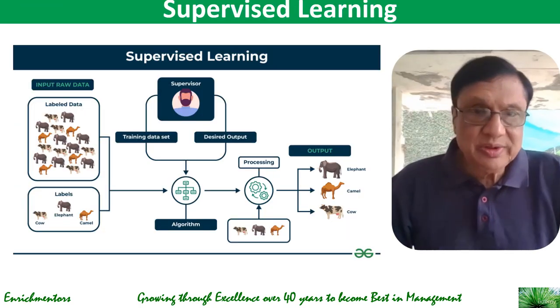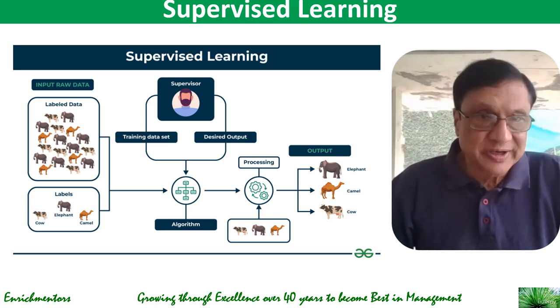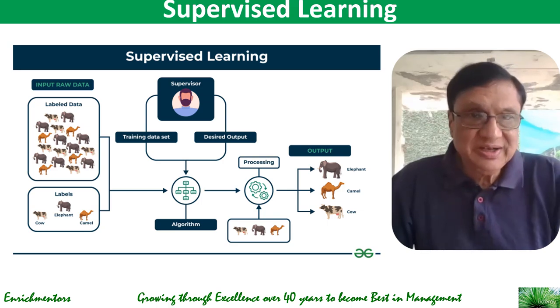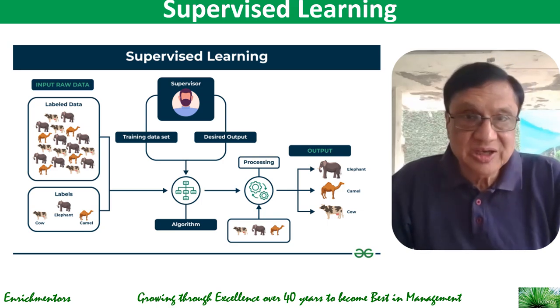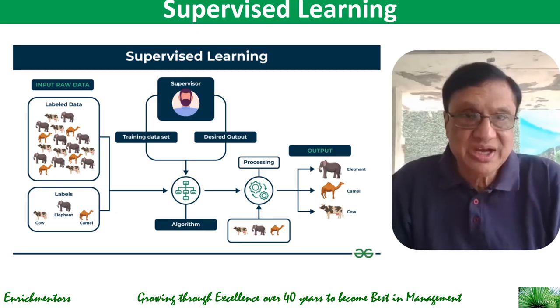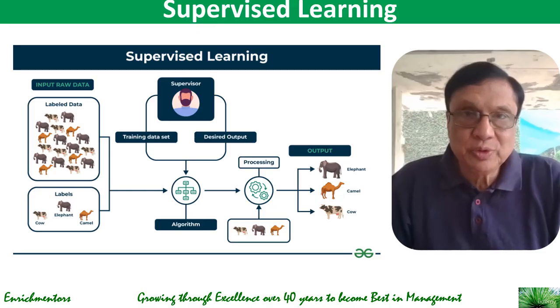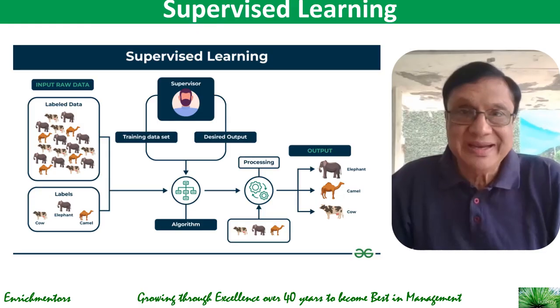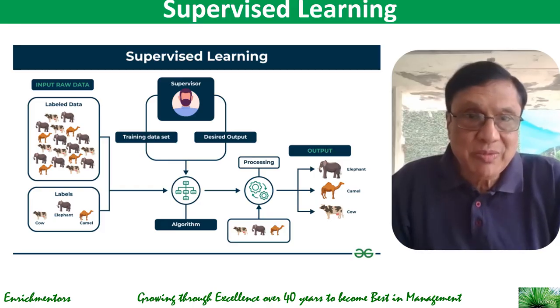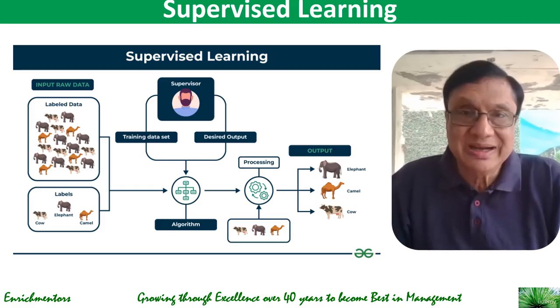So let's take a look at where supervised learning is appropriate. In supervised learning, the data set consists of input-output pairs where each example in the data set is associated with a corresponding label or target value. And the goal is to learn a mapping from input to output based on the labeled training data, allowing the model to make predictions on unseen data.